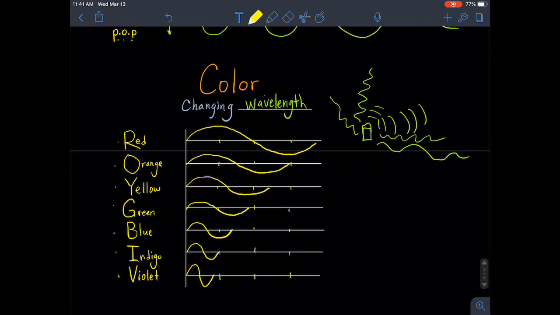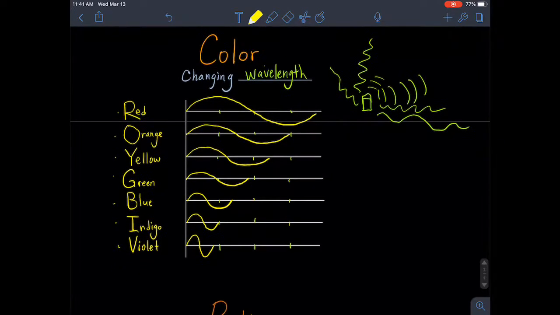What that means then is that the reason ultraviolet light is so bad is because it's got such a high frequency, or a short wavelength, that it can actually damage our skin. That's why we get burned from ultraviolet light.